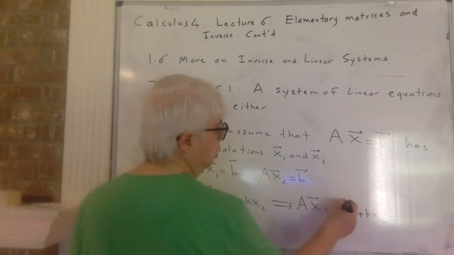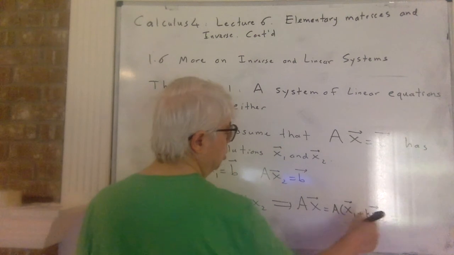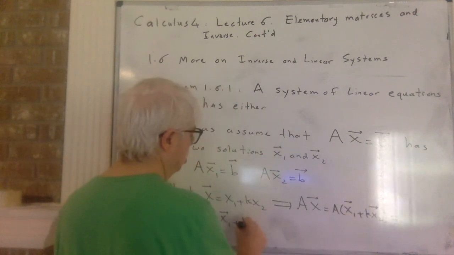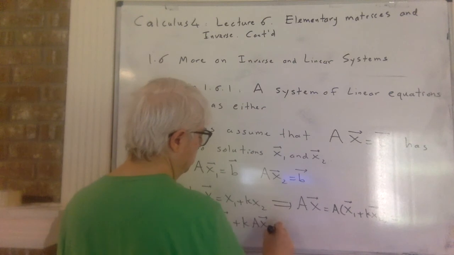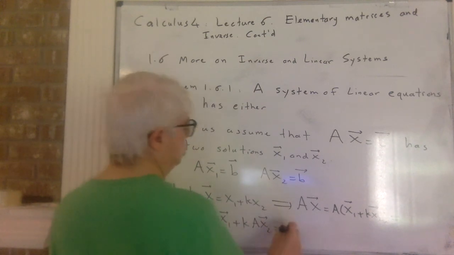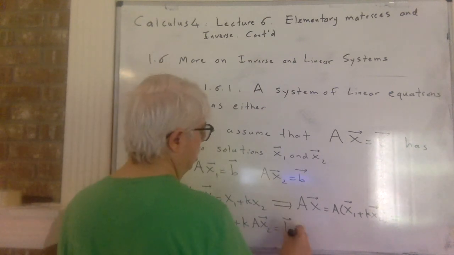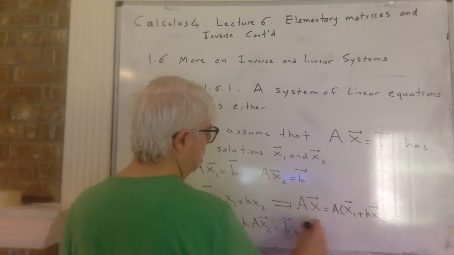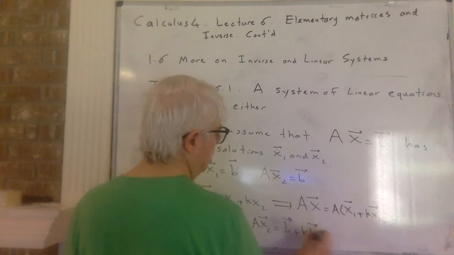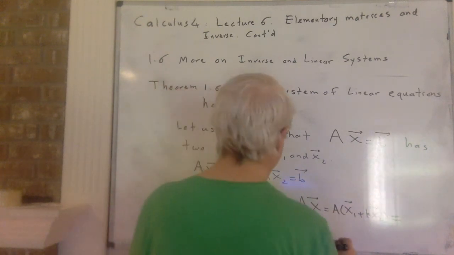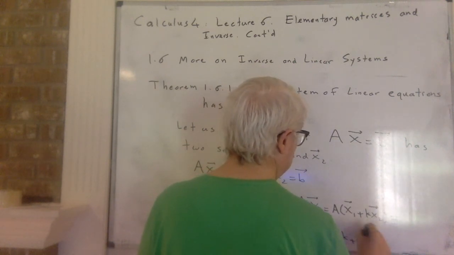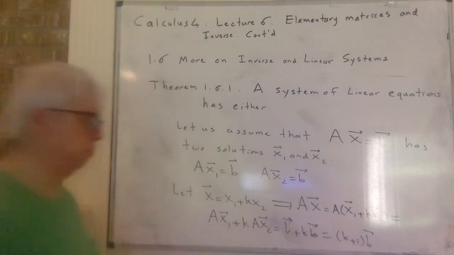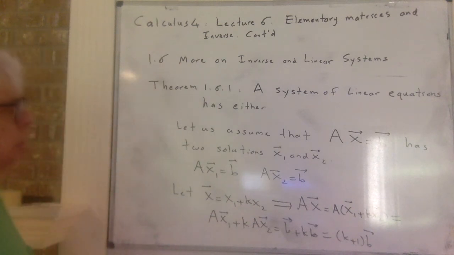These vectors are column vectors, so you can multiply, and this is just a constant, so the constant comes out. Well, this is b, and this is kb, and this is like k plus 1 times b. Well, this doesn't work.